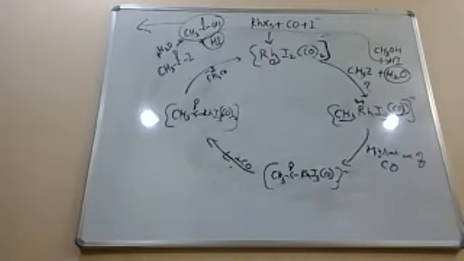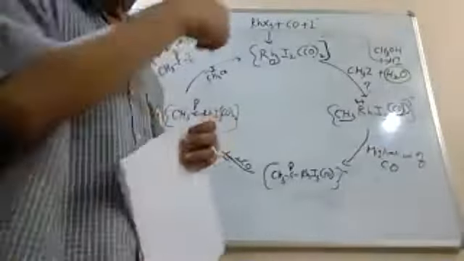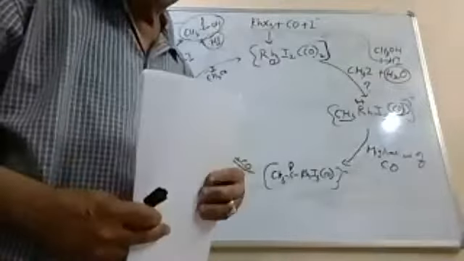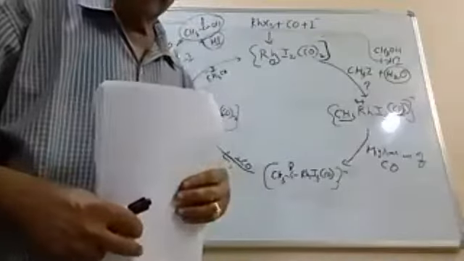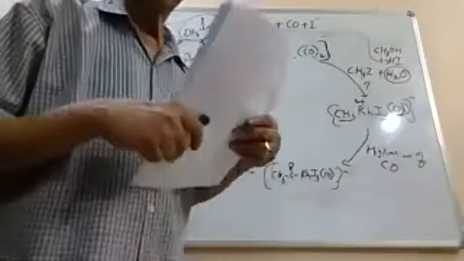Anything that's not clear, folks? This is clear? Of course, you can go back and read about Monsanto's process and how efficient this is. These are all important industrial processes.